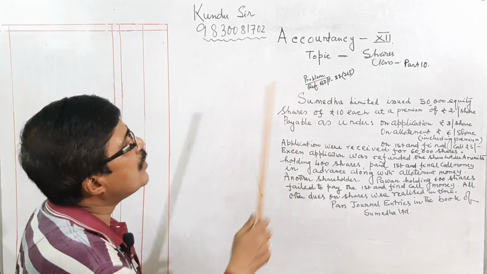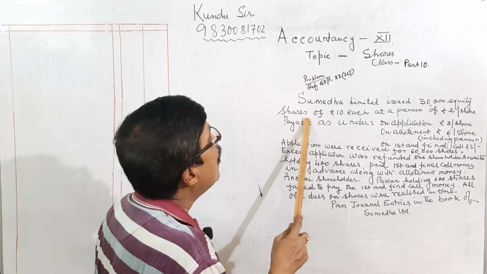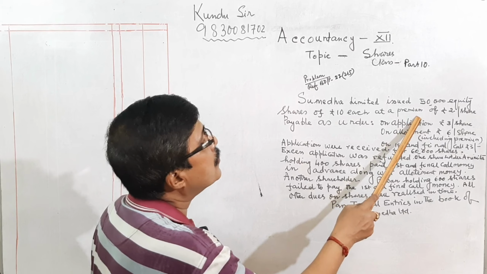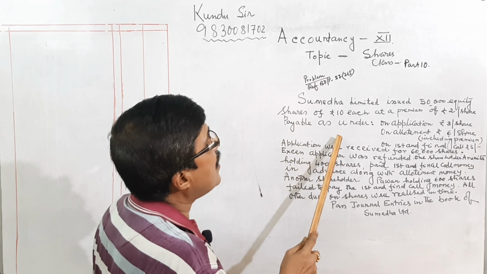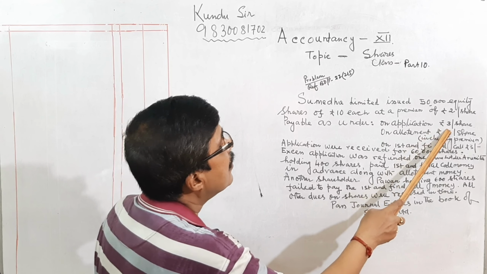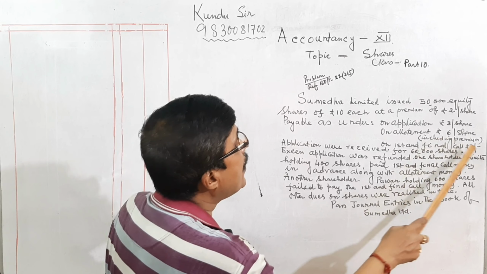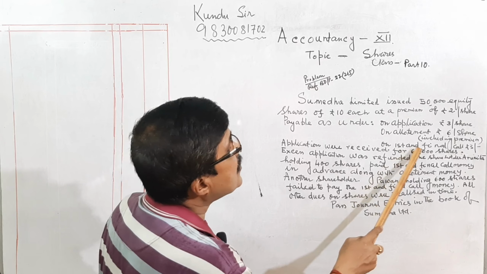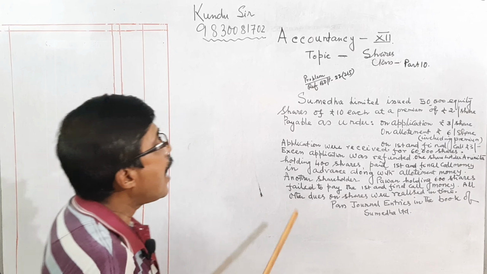Sumedha Limited issued 50,000 equity shares of rupees 10 at a premium of rupees 2 per share, payable as under: on application rupees 3, on allotment rupees 6 including premium, and on first and final call rupees 3.